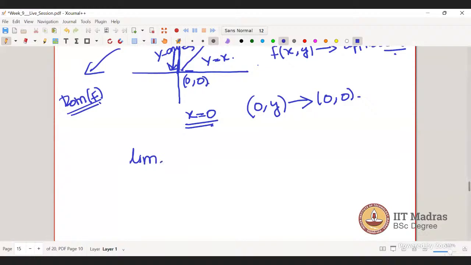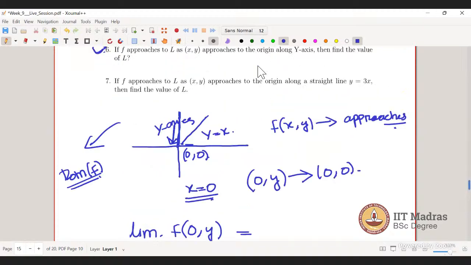So limit (x, y) tends to (0, 0), and what I have to write here instead of x comma y? 0 comma y.